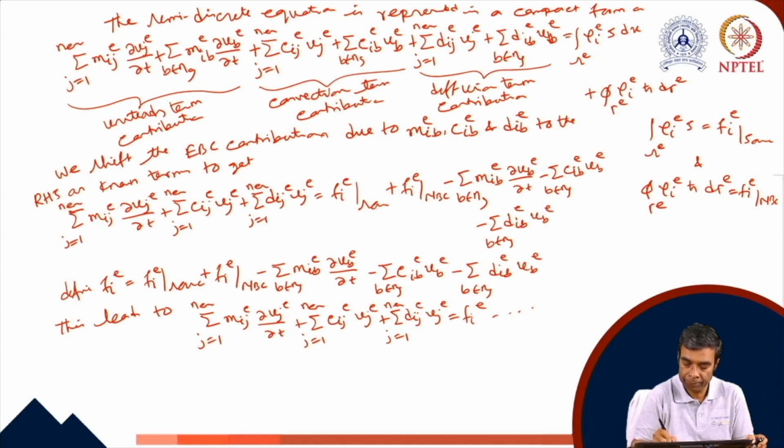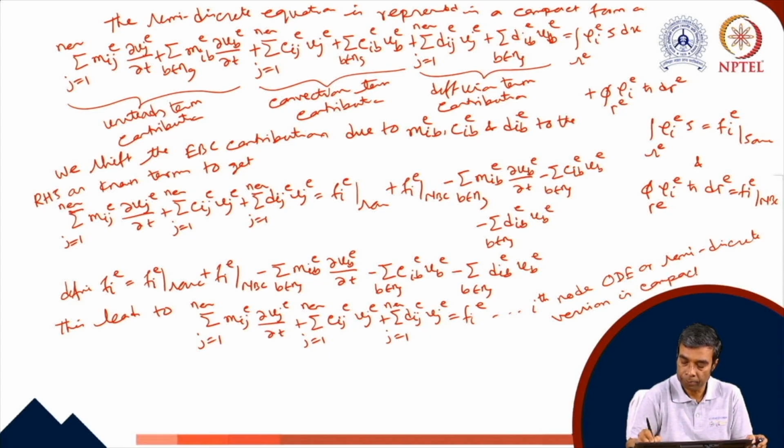This represents the ith node ODE or semi-discrete version in compact form.